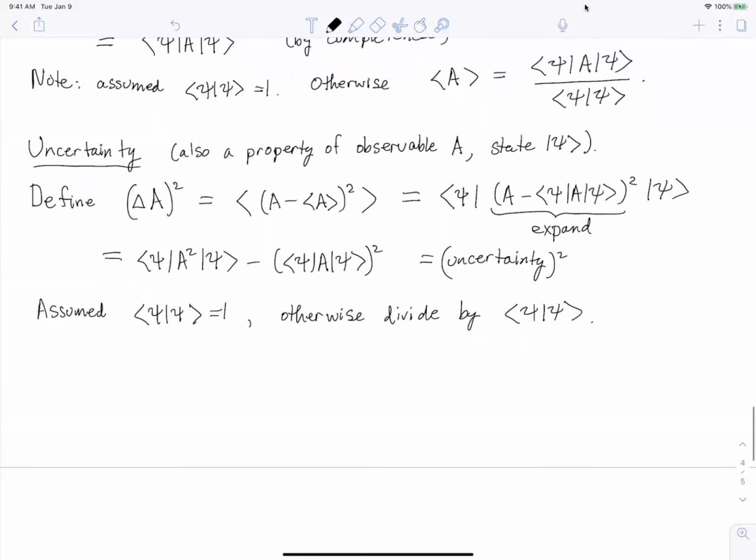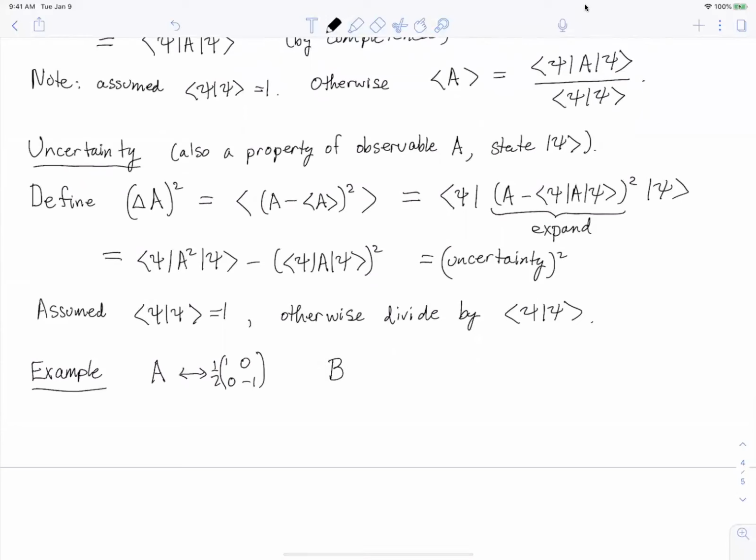All right, so let's do an example that will be somewhat similar to a homework 1 problem. I'm going to define two observables, A and B, and A is going to be represented by the matrix 1/2 times the matrix 1, 0, 0, minus 1.